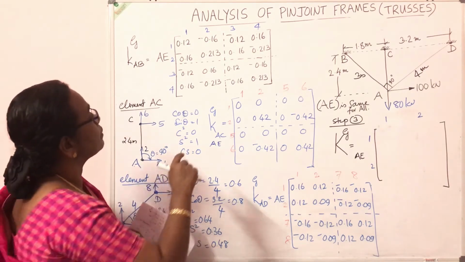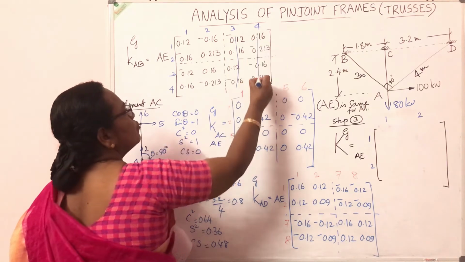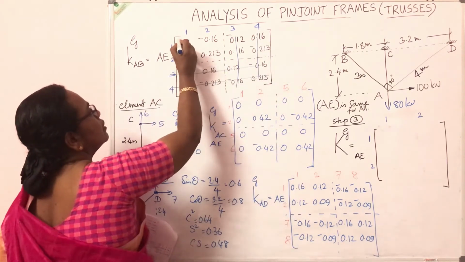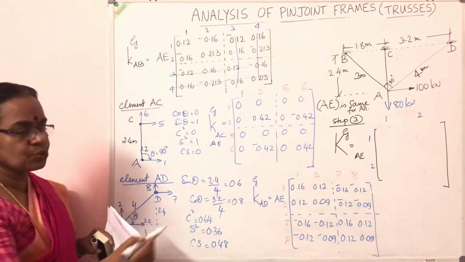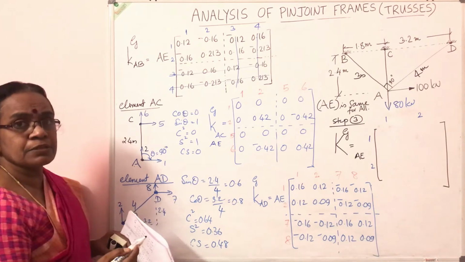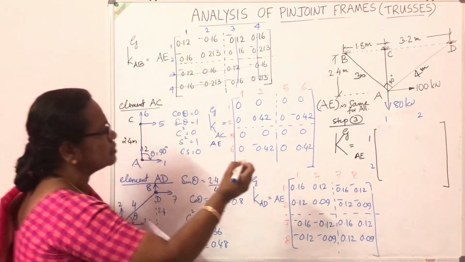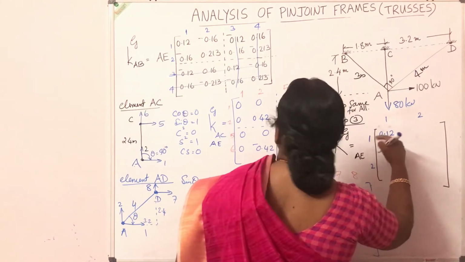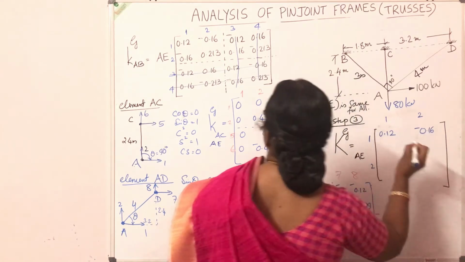So from the first element, you delete column 3, column 4, row 3 and row 4. The remaining will correspond to 1 and 2. So post it in the stiffness matrix for the structure. From the first element, the contribution at 1, 1 location is 0.12, and towards the right of it, 1, 2 location, it is minus 0.16.